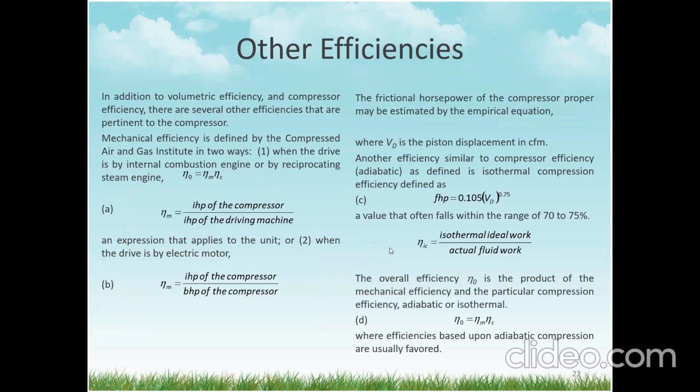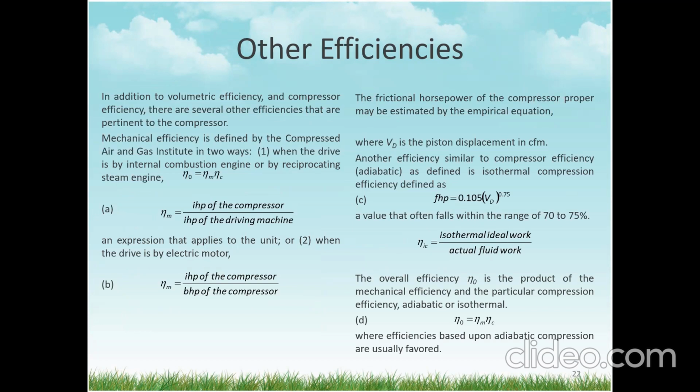So, other efficiencies. In addition to volumetric efficiency and compressor efficiency, there are several other efficiencies that are pertinent to the compressor. So, mechanical efficiency is defined by the Compressor and Gas Institute or CAGI in two ways.